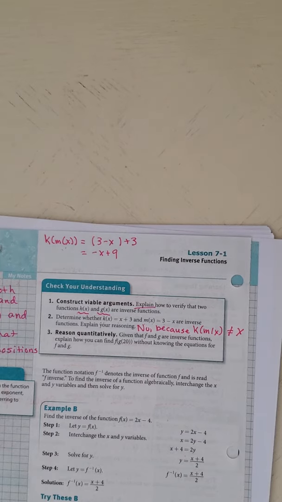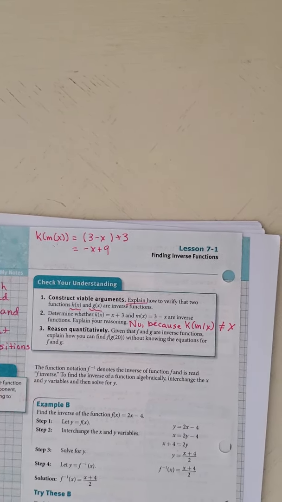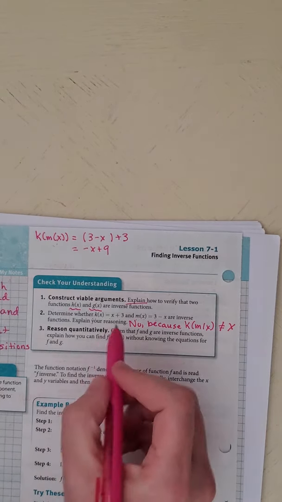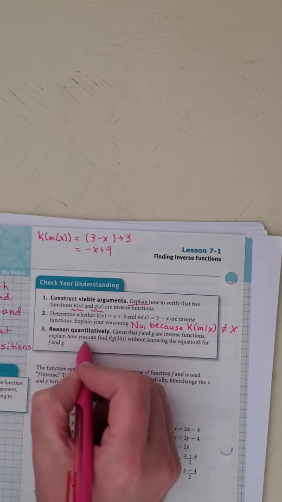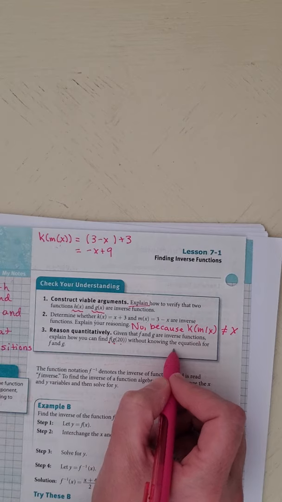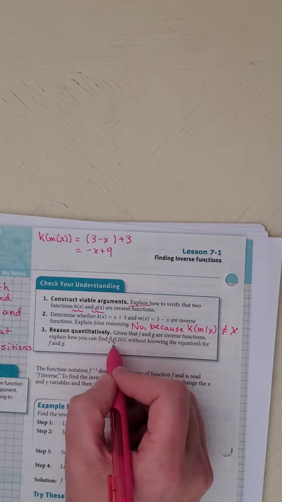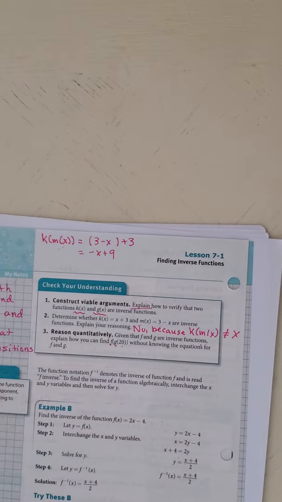All right, we're going to go on to the third one. And the third one says, given that f and g are inverse functions, explain how you can find f of g of 20 without knowing the equations for f and g.